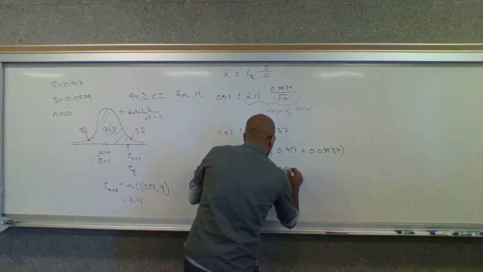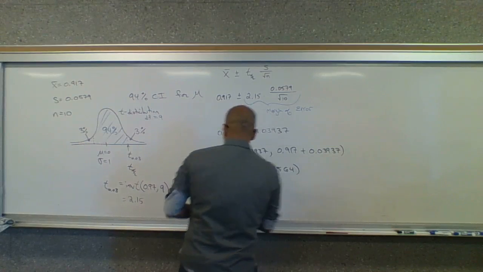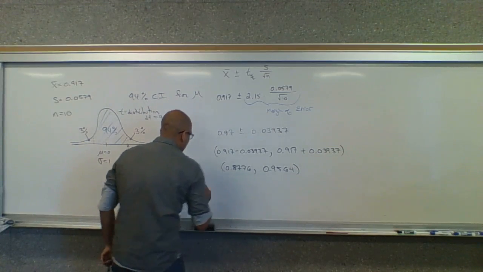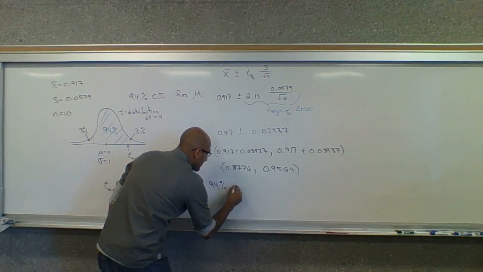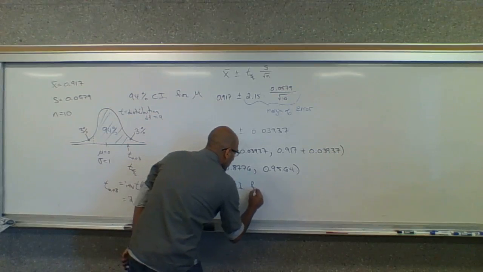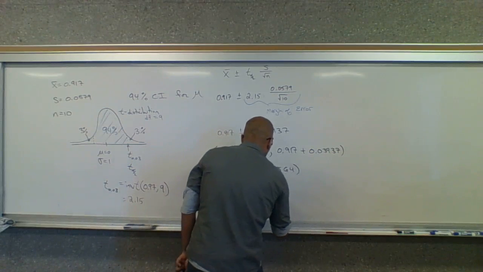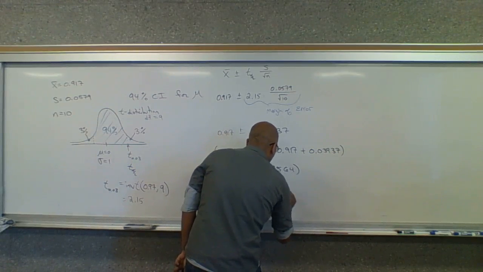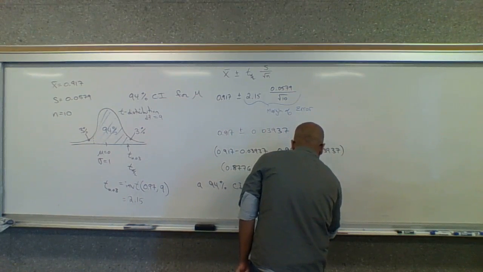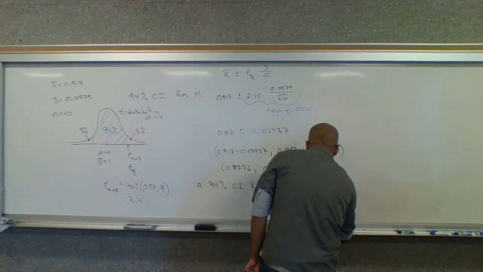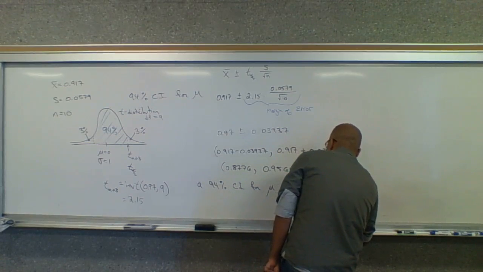So a 95% confidence interval for mu is this interval, 0.8776 to 0.9564.